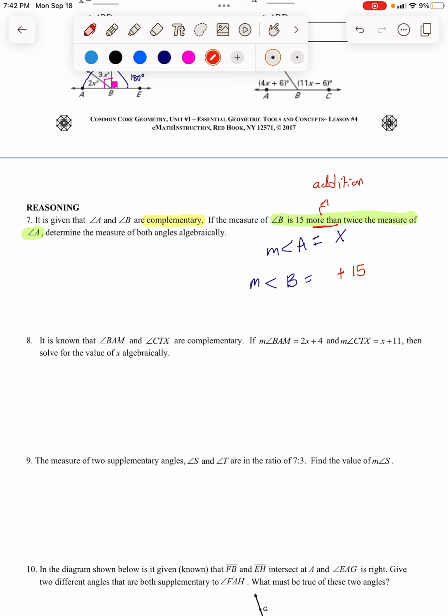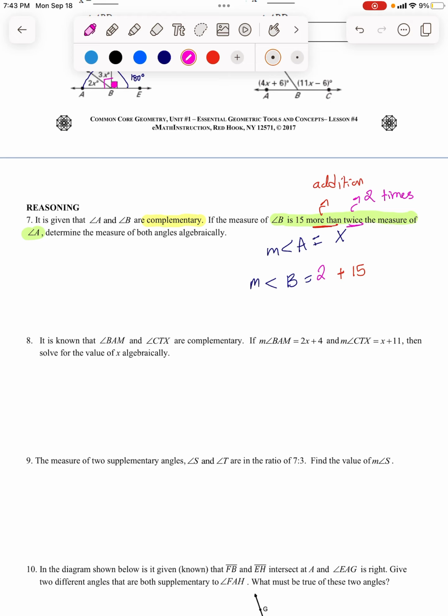And then when you see that other word twice, I want you to think 2 times something. So it's 2 times the measure of angle A. So I will simply write 2 times, do I know what A is?